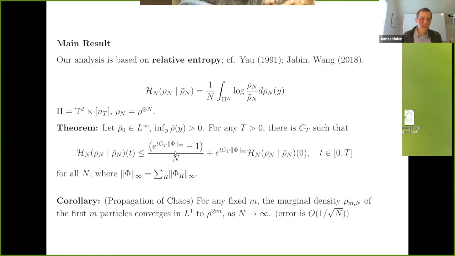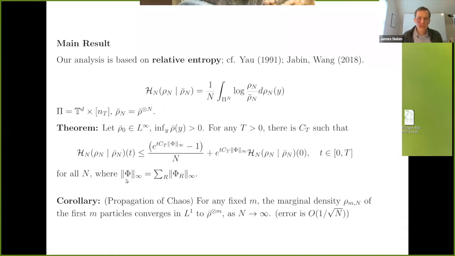And then there's another term related to possible growth of relative entropy and the growth of correlations due to the reaction. And so this is an estimate over a fixed time horizon, and says that as n goes to infinity, the relative entropy converges to 0 if it converges to 0 initially.